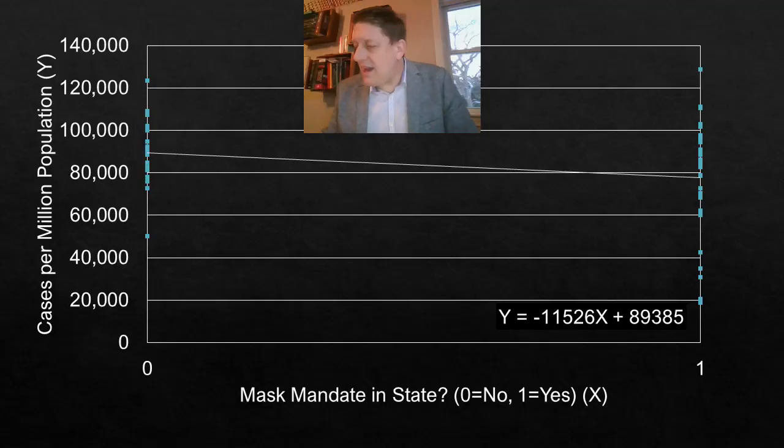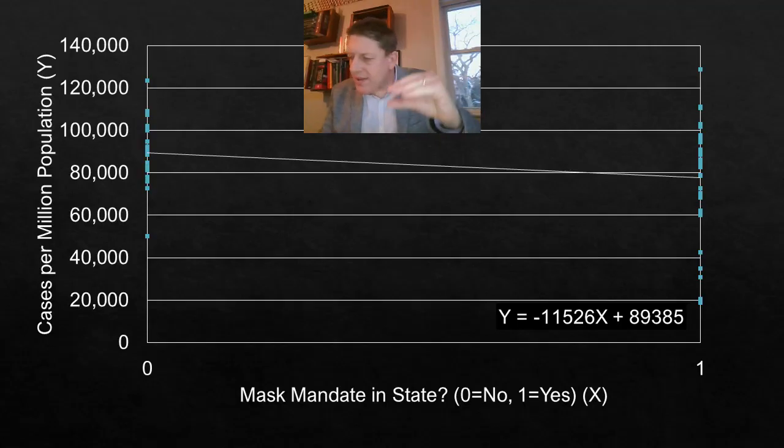So b is 89,385. Well, if you remember from high school geometry and algebra class, the b is called the y-intercept. It's where the line hits the y-axis, which is at the x value 0. So it tells you, check this out, when x equals 0, y should equal 89,385.